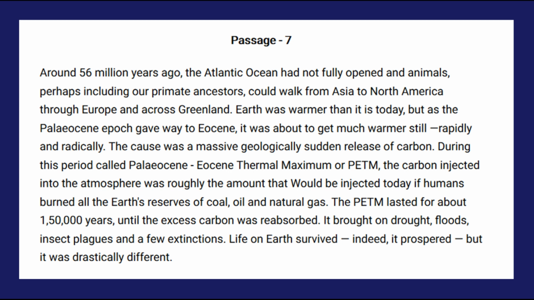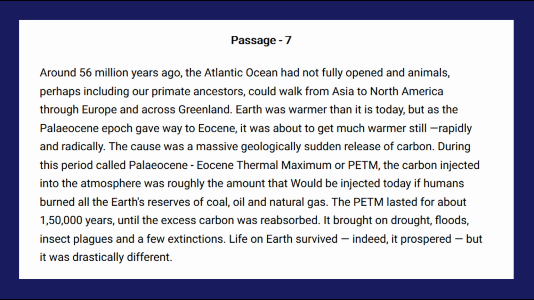Earth was warmer than it is today, but as the Paleocene epoch gave way to Eocene, it was about to get much warmer still, rapidly and radically. The cause was a massive geologically sudden release of carbon.